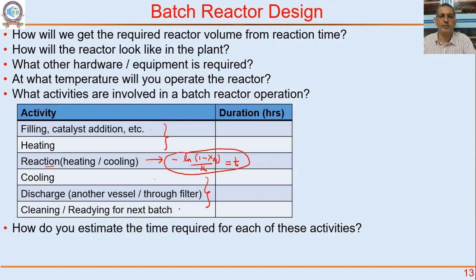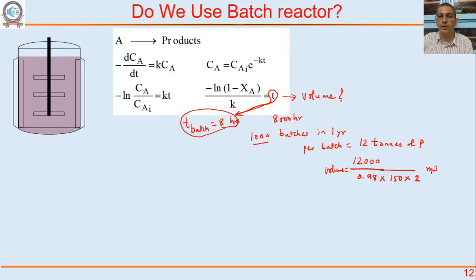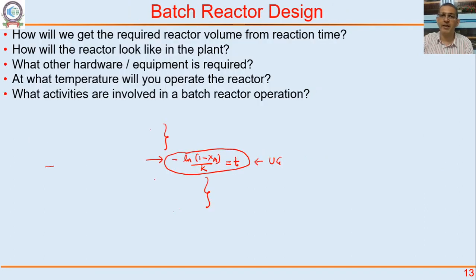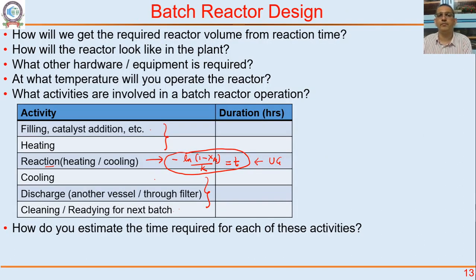Unit operations. This is what your UG course told you. Now this is all that is required in real life. Your batch time is different. These are not the same, because you require additional time for heating and cooling.